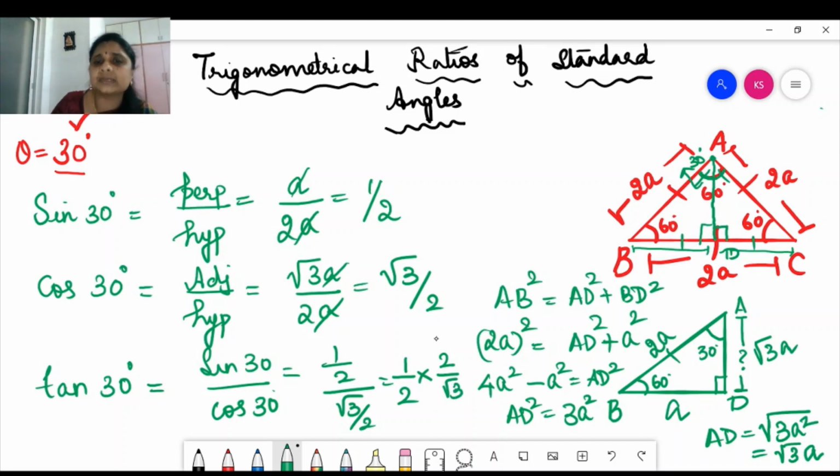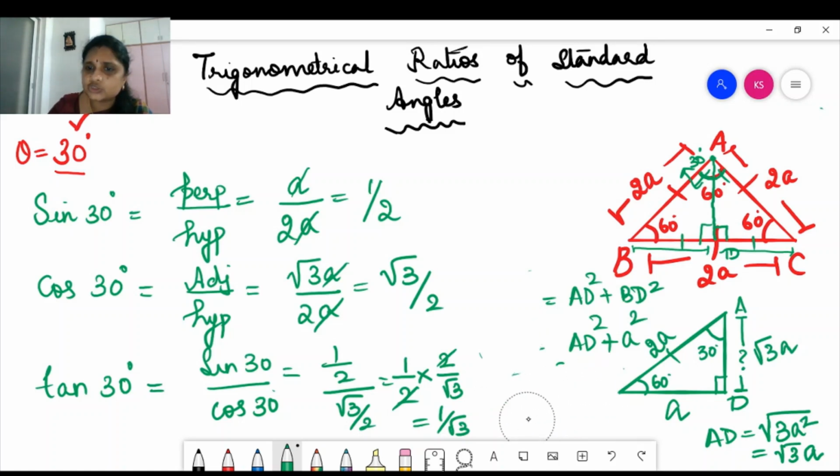That's called a reciprocal, right? So I'm just multiplying half by the reciprocal of root 3 by 2, that's 2 by root 3. So 2 gets cancelled, I'm again going to simplify, and I get 1 by root 3. So my tan 30 value is 1 by root 3. Now let me quickly erase this part so that we can find the other ratio values.